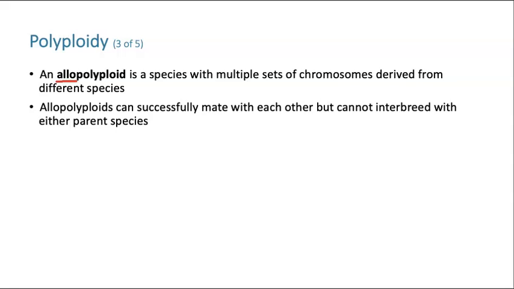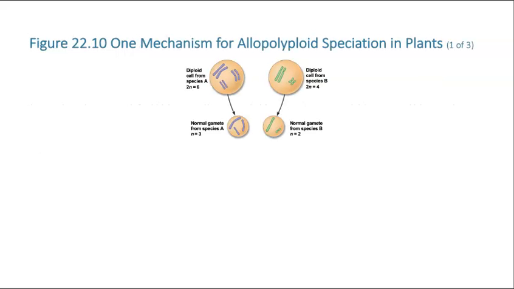Allopolyploidy happens when a new species is formed from the combination of 2 or more different species over time. Allopolyploids can successfully mate with each other, but they cannot breed back with either of their parental species. Let's take a look at what that looks like.